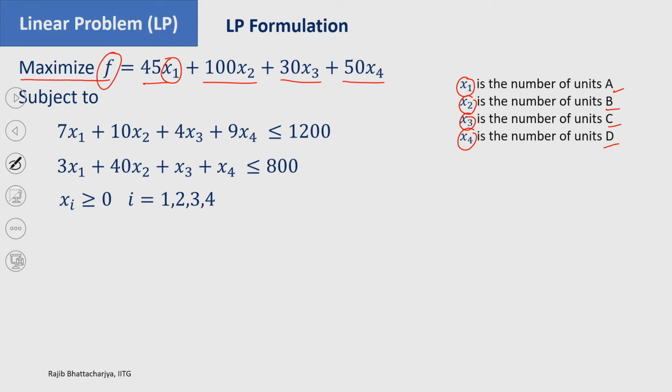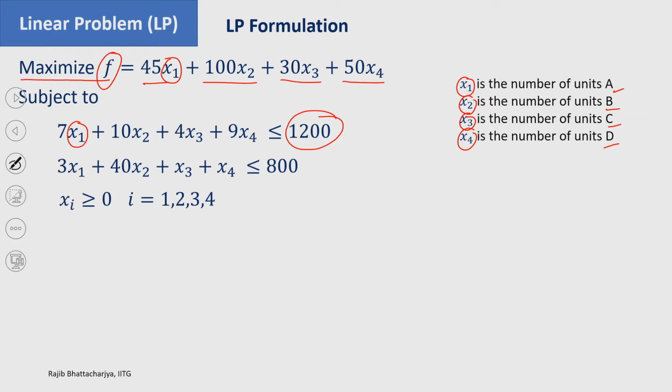Now, what are the constraints? The lathe machine is available for 1200 minutes. If I produce x1 of A, then how many minutes do I need? I need 7 minutes.